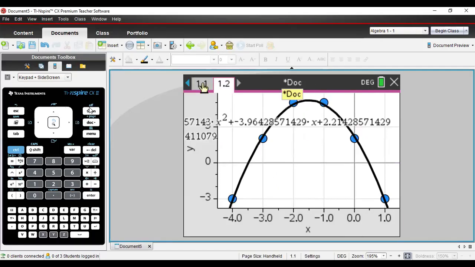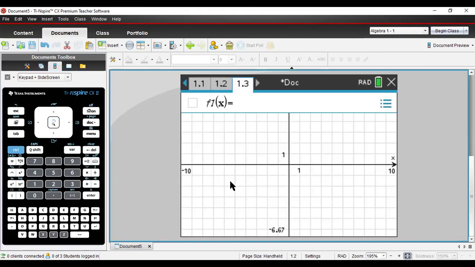So I'm going to go here, use the graph paper, and the function that I'm going to enter is going to be what I just wrote down.